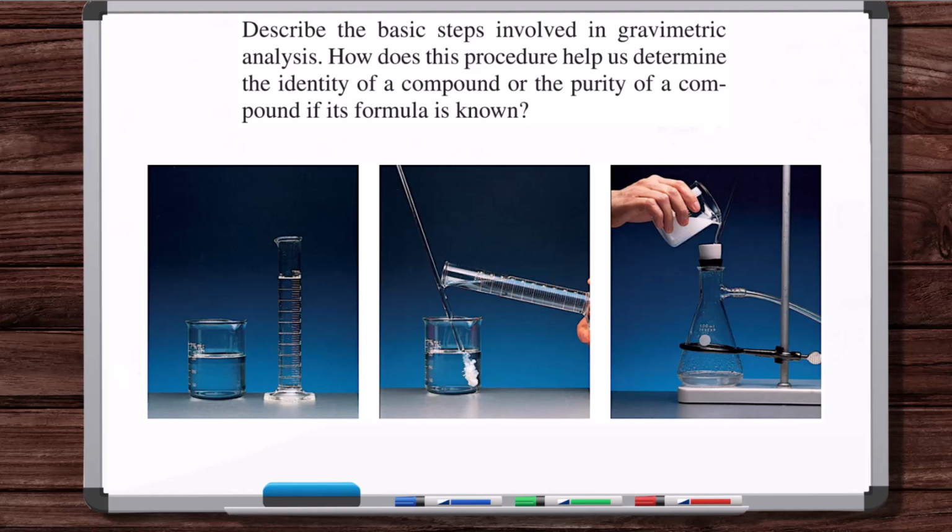Now, you also might be asking yourself, well, this process didn't establish the entire identity of the unknown substance, right? We only determined the percent composition by mass of a certain element in the substance. So we didn't figure out the exact chemical formula of the unknown compound.